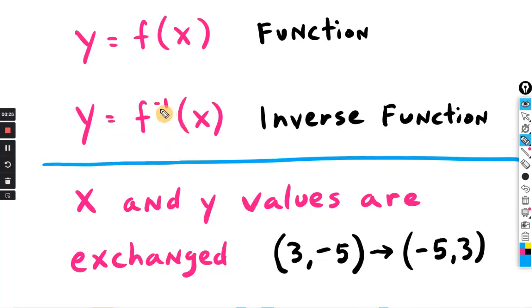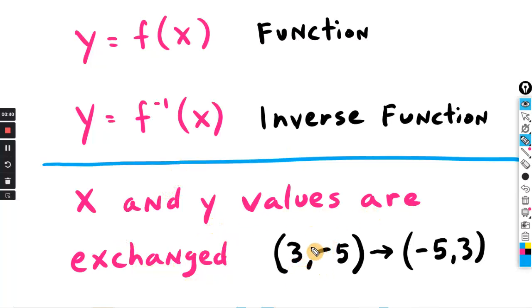This -1 looks like an exponent, but it is not an exponent. This -1 just refers to the inverse function. And for the inverse function, the x and y values are exchanged.